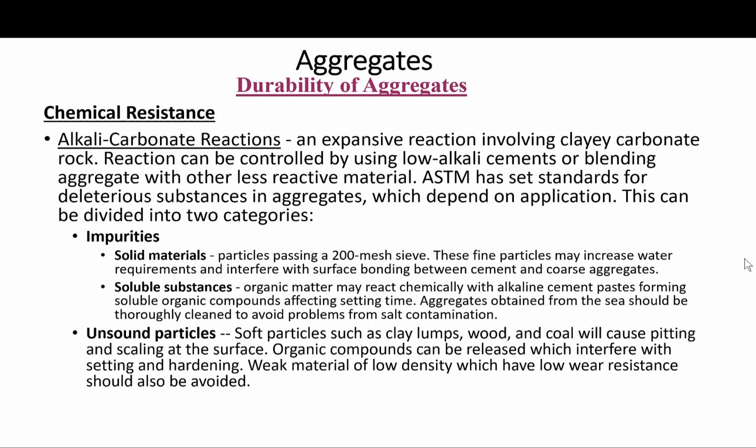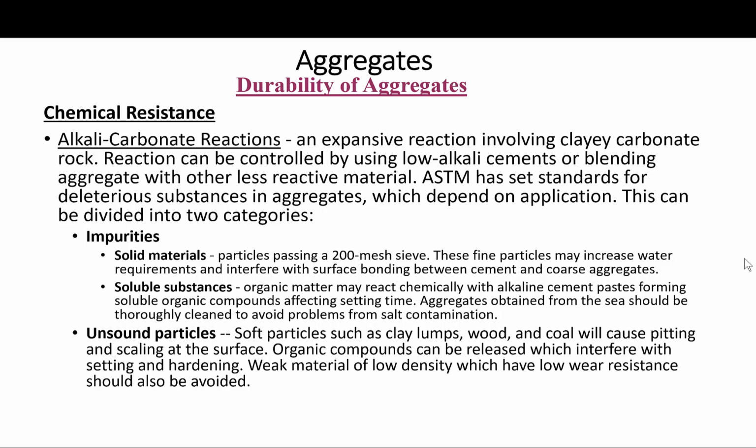We have soluble substances, such as organic matter, which react chemically with the alkaline cement paste, forming soluble organic compounds which will affect setting time. Aggregates obtained from the sea or dredged from the sea should be thoroughly cleaned to avoid problems from salt contamination, which is also a soluble substance that may cause problems.